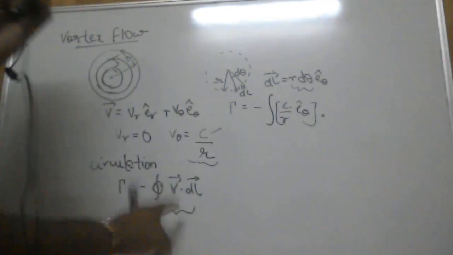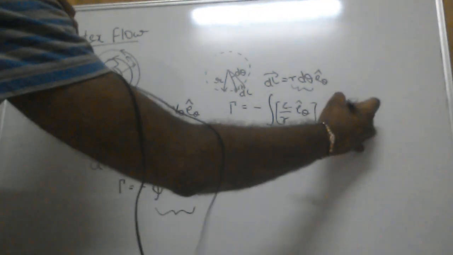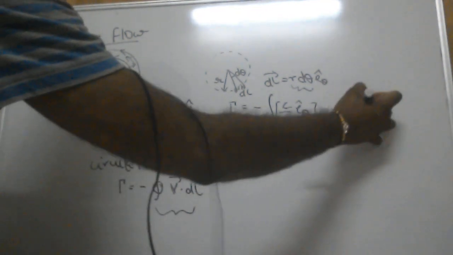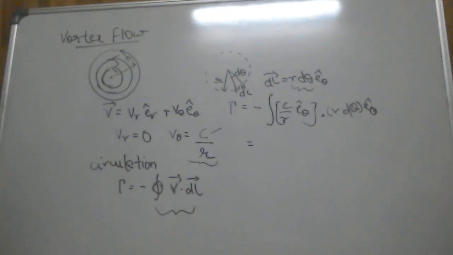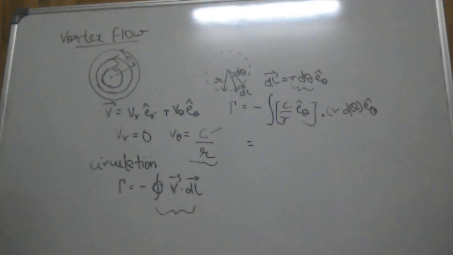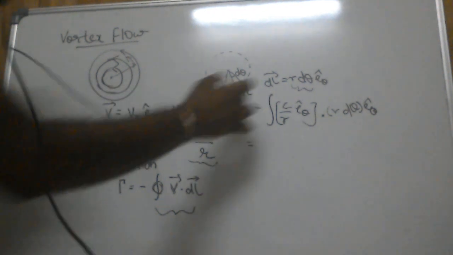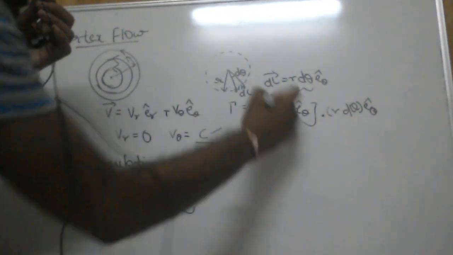So we plug in the value of dl in this integral, which gives us r d theta e theta cap, and e theta cap dot e theta cap is going to give us 1. Before I do that, it's important that I put the limits. This curve is a closed curve, and therefore theta varies from 0 to 2 pi.